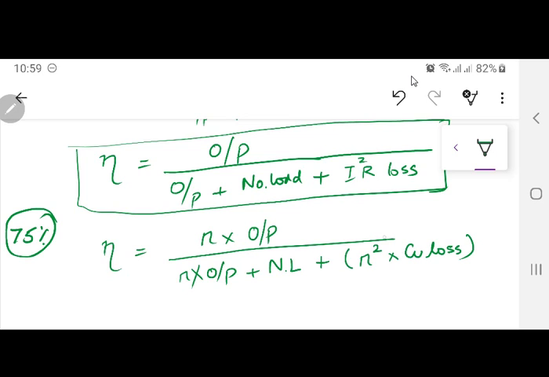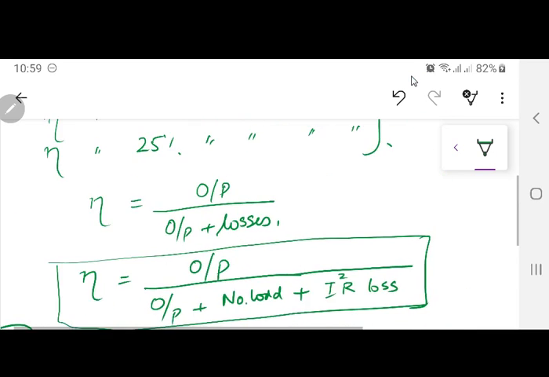This N square is there because the current has a square dependency on the losses. So when your load is reduced, you have to make this change. Now for 75% load, N will be equal to 0.75.